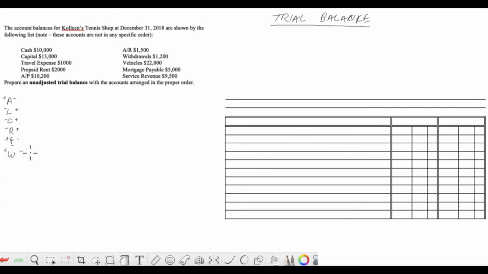So this is the acronym ACCRUE that we are familiar with. When it comes to trial balances, the new one that we need to remember is for the same accounts. They're just in a different order, and it's so that when we go to do the financial reports, it's a lot easier. Anything to make it easier, less chance of making mistakes, right?